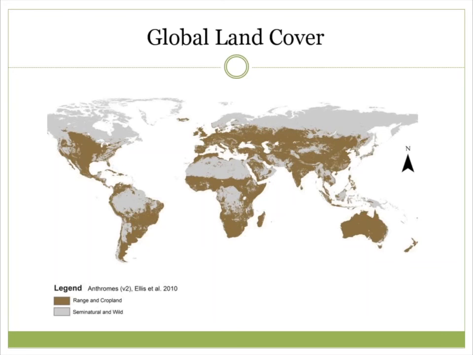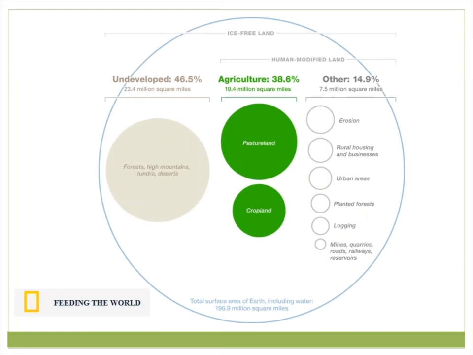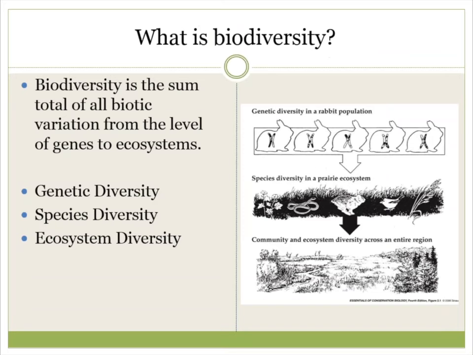And if we are, again, going to work to protect species, we really need to focus on agricultural lands. This nice graphic from National Geographic summarizes it well. We can see here that large portion that is pasture land and cropland. And so this is a need, and hopefully we'll be able to talk about what some of the needs are.